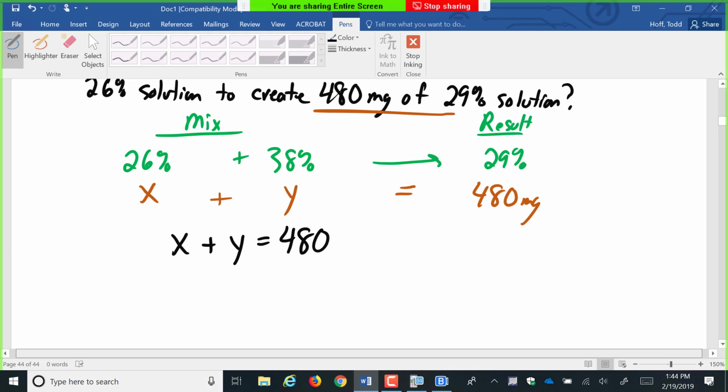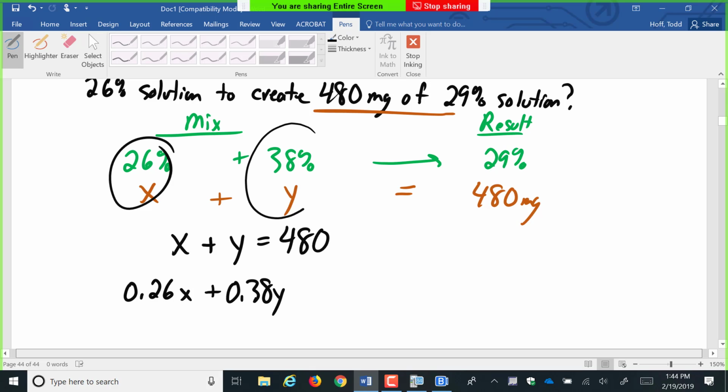And then we would use that concentration formula, 0.26 times x, that's the amount of the active ingredient in the first solution, plus 0.38 times y, that's the amount of the active ingredient in the second solution, equals 0.29 times 480. That's the amount of the active ingredient in the total final solution. And now we have a system of equations we can solve.